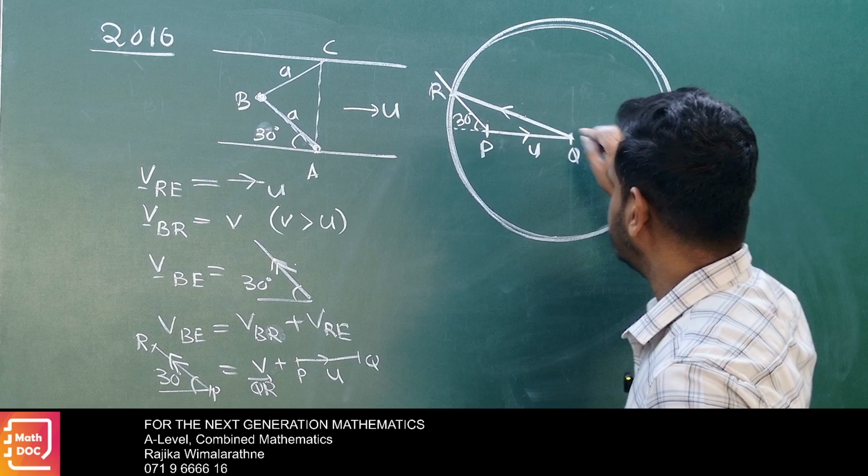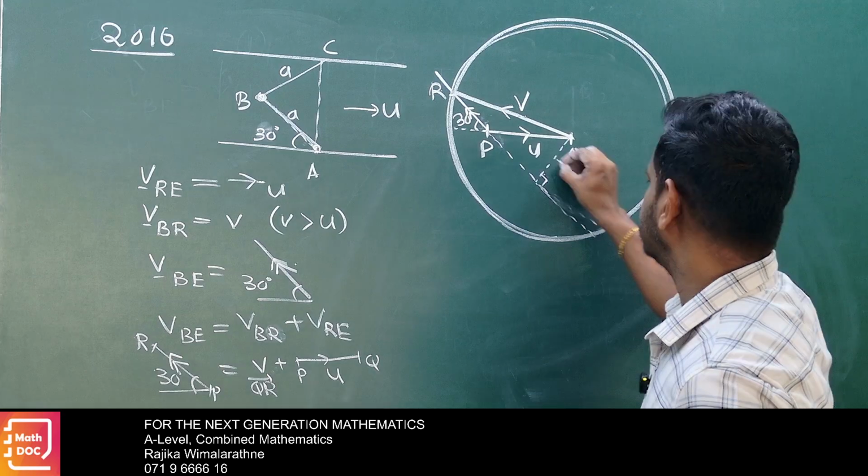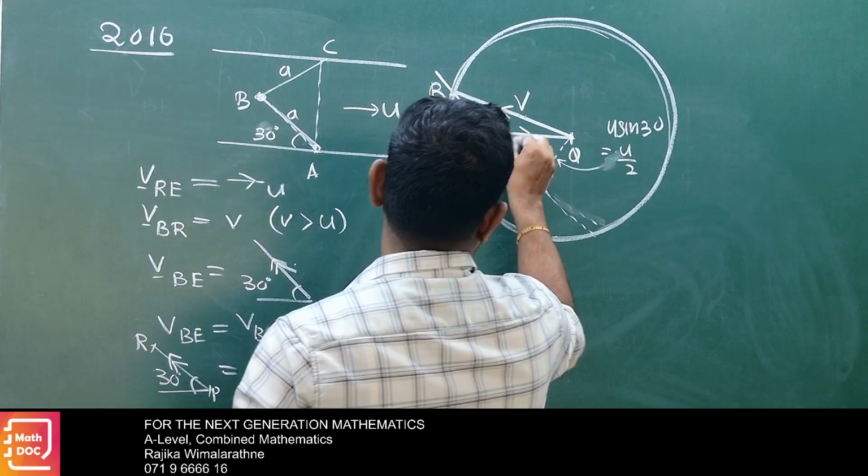Then we can get the sum by producing this, sketch perpendicular. Then here 30, no? U sin 30 is this. U sin 30 means U over 2. Apply Pythagorean theorem. Then here PR1. Apply Pythagorean theorem for this.